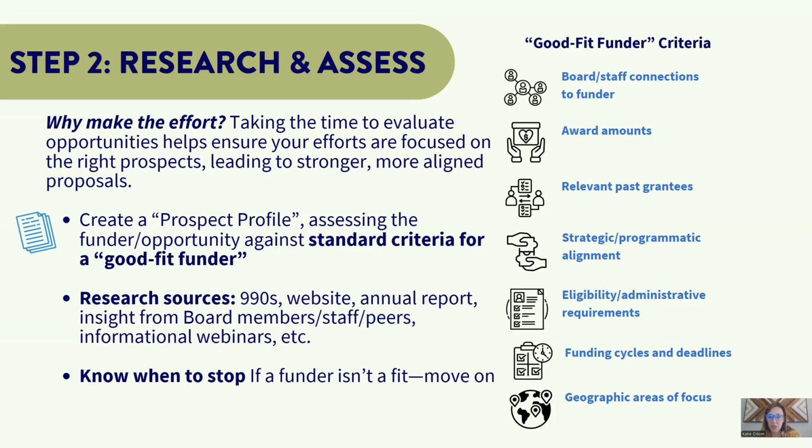And that in itself can be tricky. What are you looking for? How do you gauge if you're competitive? And to really get a good grasp on those questions, I found it really helpful to take a checklist approach to this and use standard criteria that you're assessing all the funding opportunities that you're considering against. I've included some of that standard criteria here.